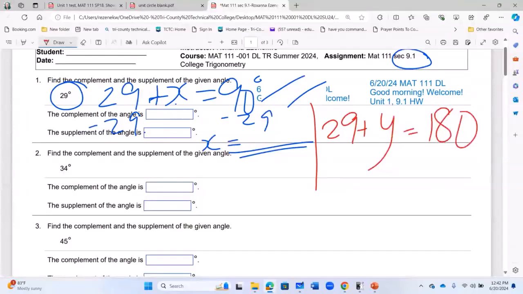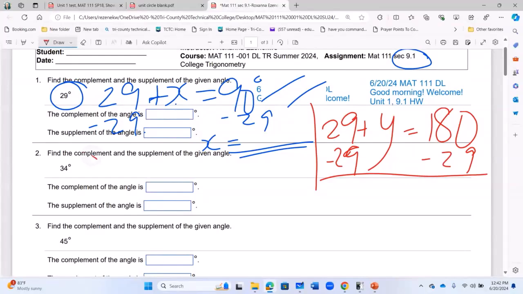Therefore, y is supplementary to 29 degrees. Subtract 29 on both sides. And so now you put it in your calculator and get the supplementary angle. So that angle will be equal to 151. So use your calculator.